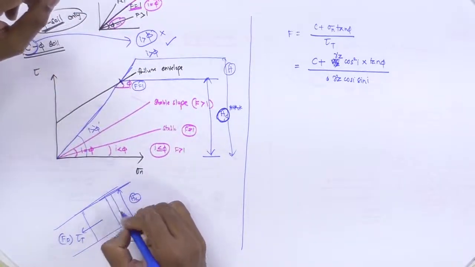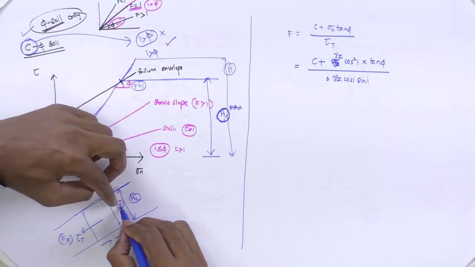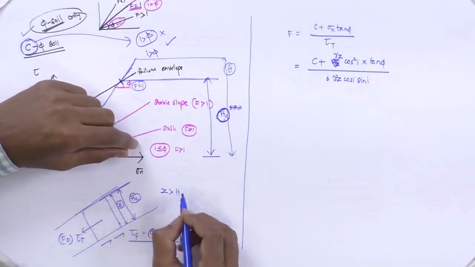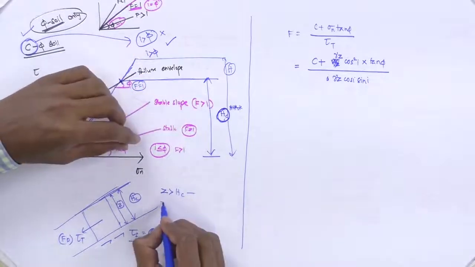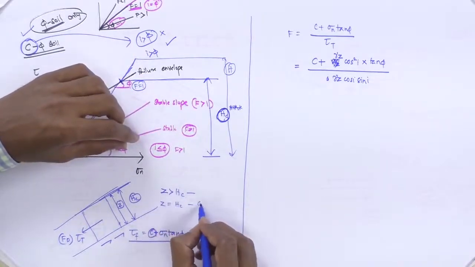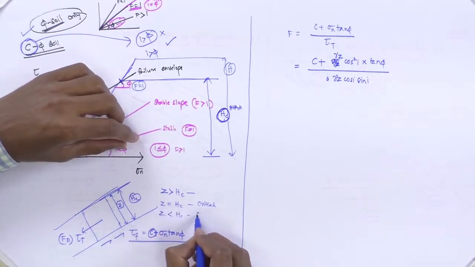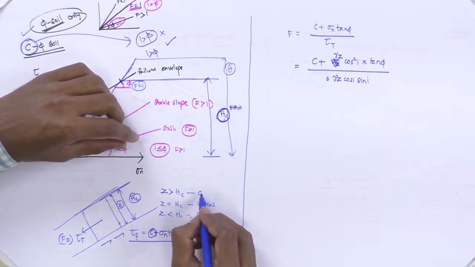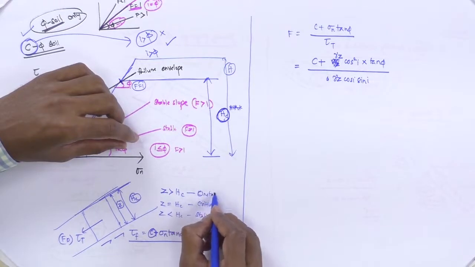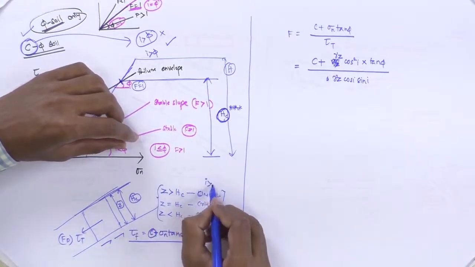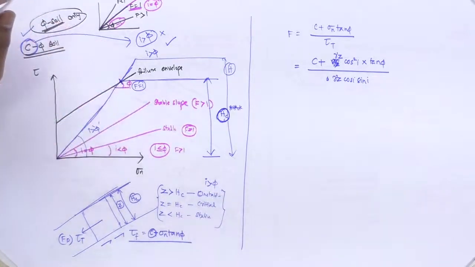In the previous derivation I took it as z, and that z is nothing but hc. When z is greater than hc, it is definitely going to fail. When z equals hc, it is a critical slope. When z is less than hc, it is going to be a stable slope. So these three cases exist where the slope inclination is greater than phi.